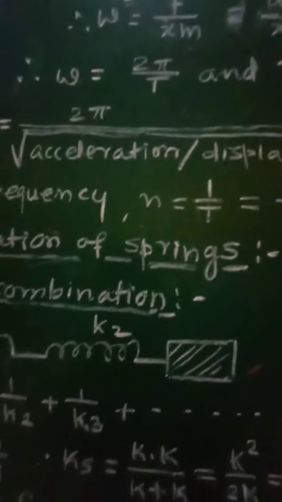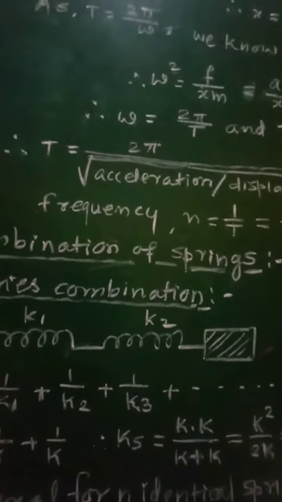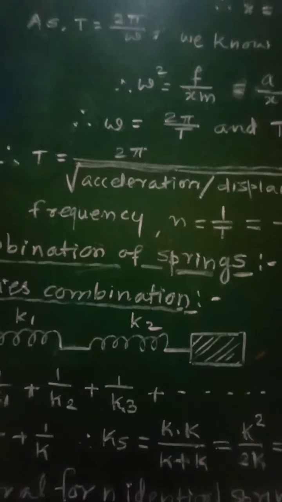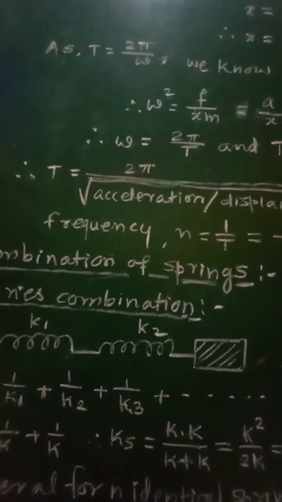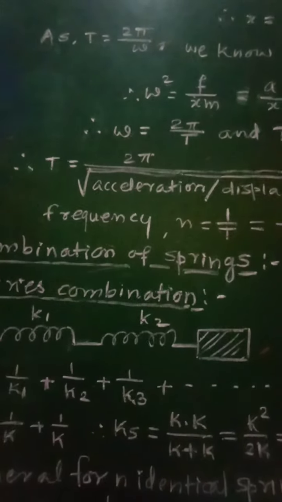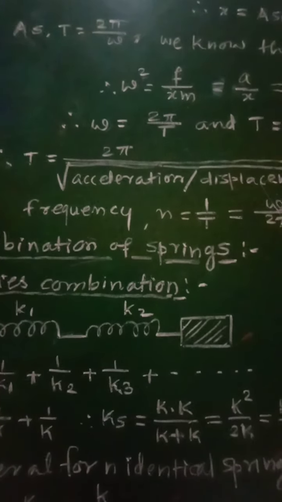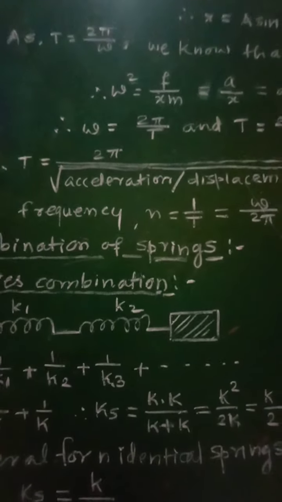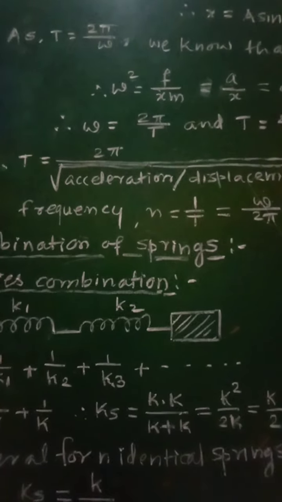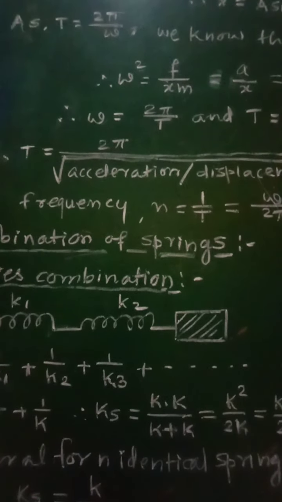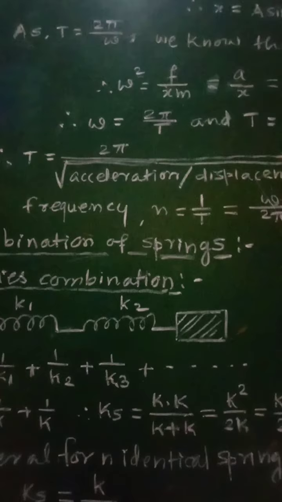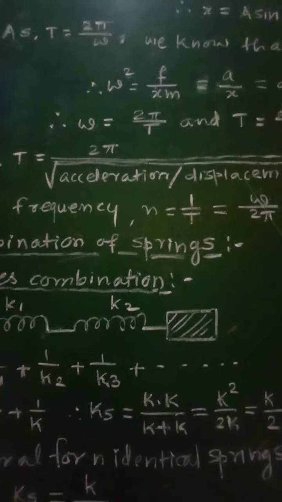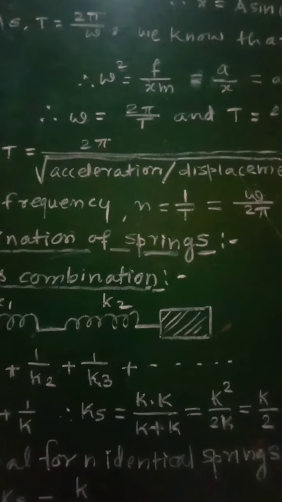The reciprocal of the period is called frequency, defined as the number of oscillations performed by the particle performing SHM per unit time.